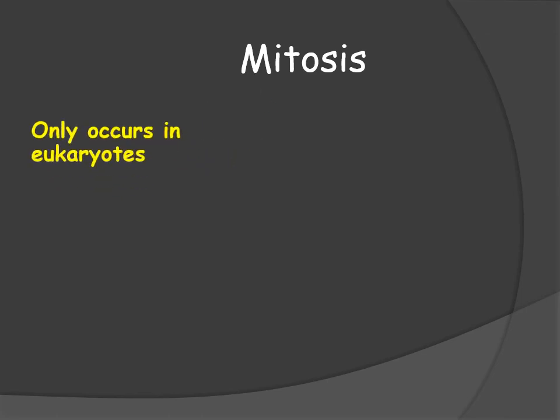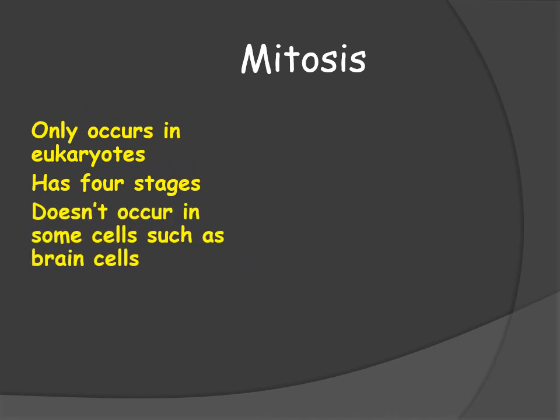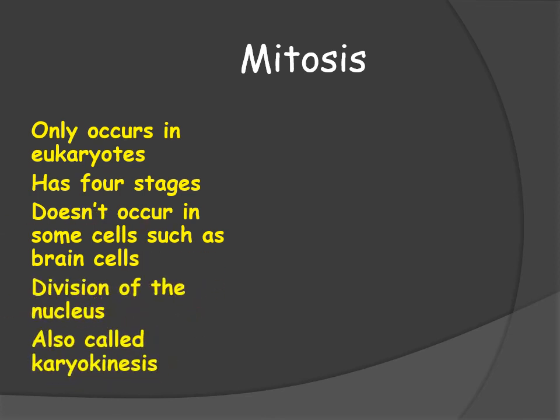So when we talk about mitosis, it only occurs in eukaryotes. That's plant and animal cells. It has four stages, which you'll see in a second. And it does involve the division of the nucleus.